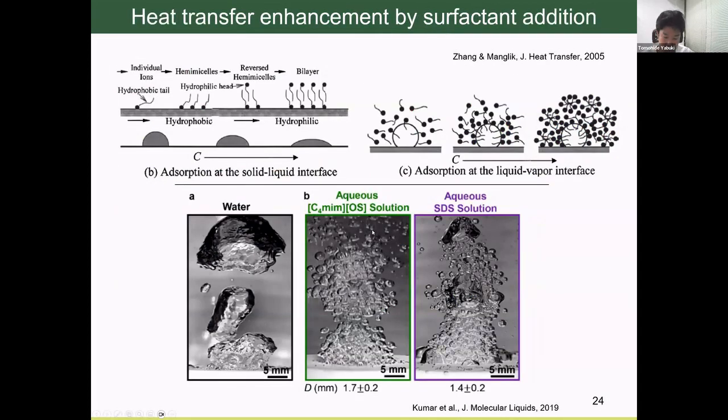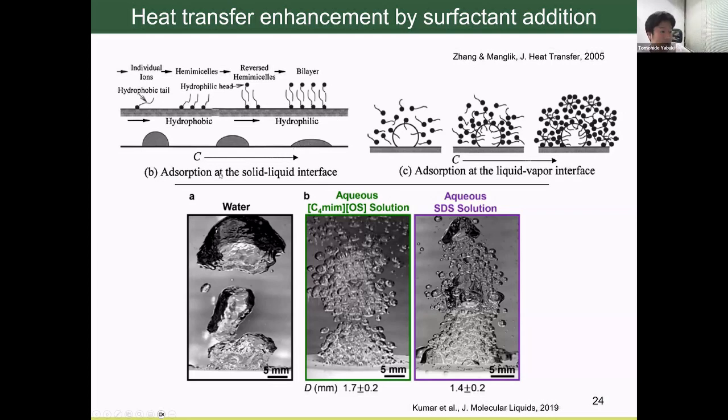Yes, and from here I'd like to move on to the next topic, the heat transfer enhancement mechanism by surfactant addition. This shows the effect of surfactant addition on the interface properties.